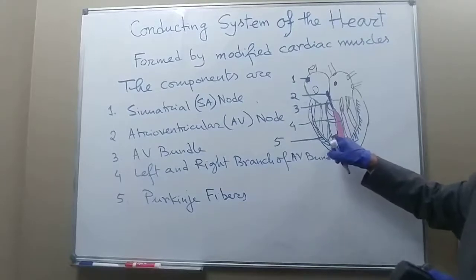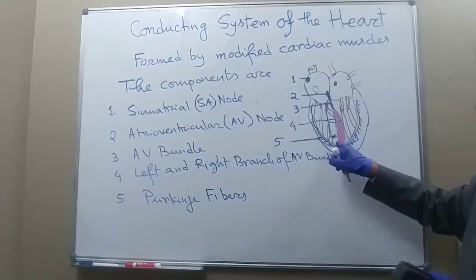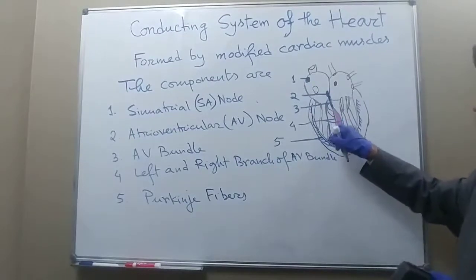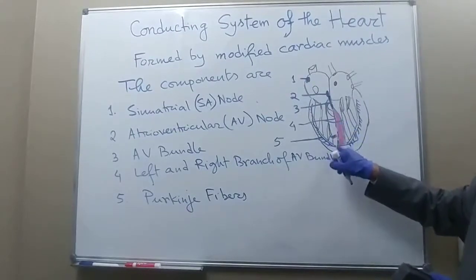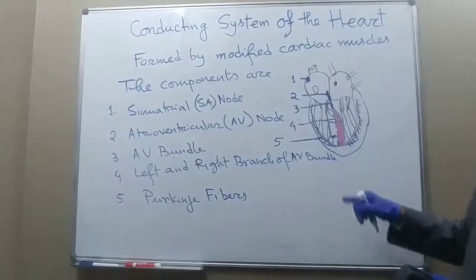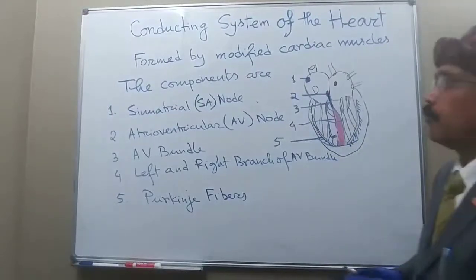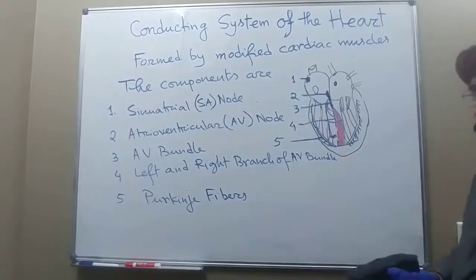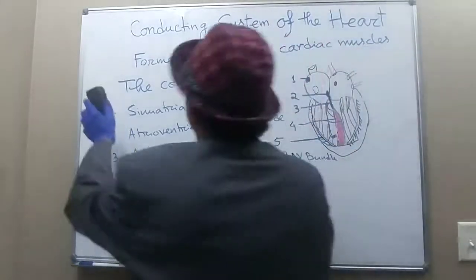Then we have the Purkinje fibers on the right ventricle and on the left ventricle. The right branch partly goes through the moderator band or septomarginal trabeculae and partly goes directly along the interventricular septum to the right ventricle. Okay, we got the components of the conducting system of the heart.